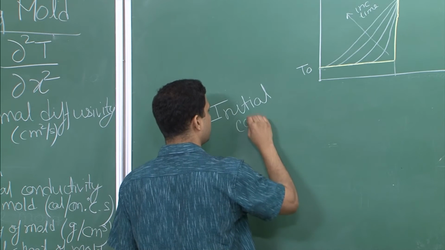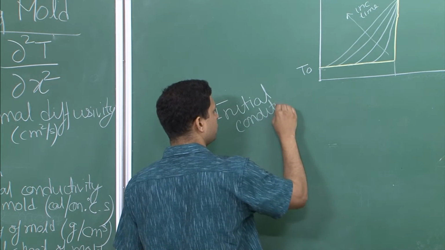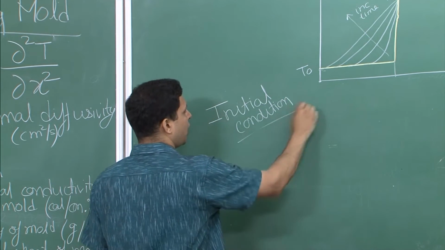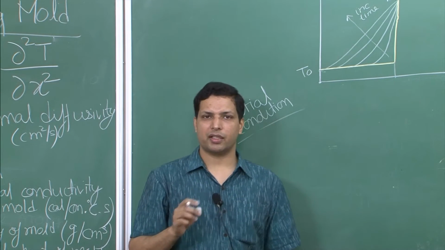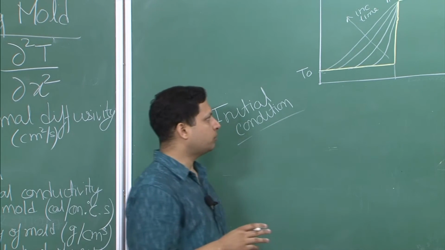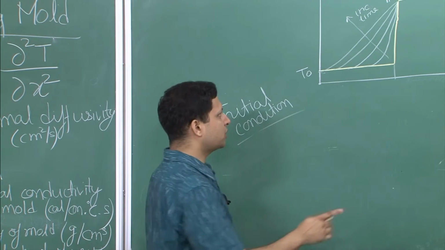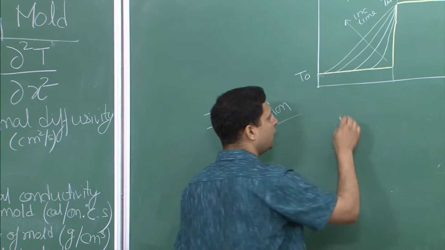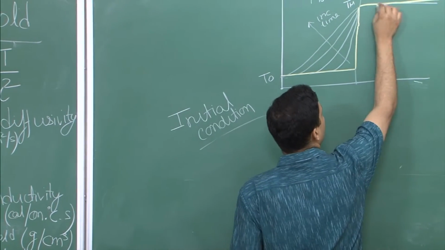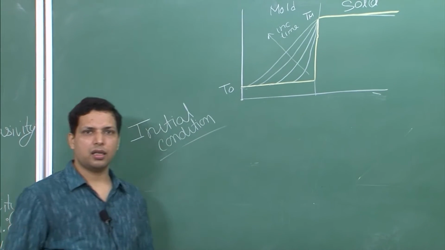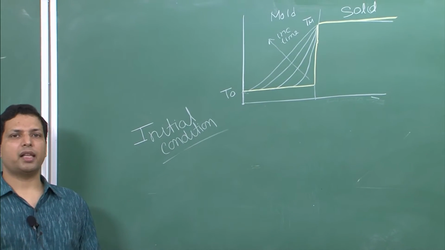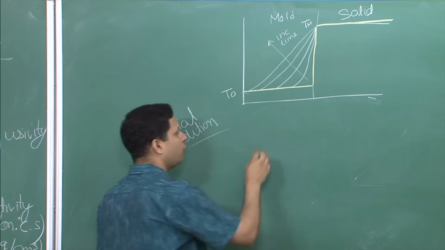Initial condition means what was the temperature profile at the start, and we know that part, right. It is this yellow curve that you look over here. This is the temperature profile that was there at the very beginning.